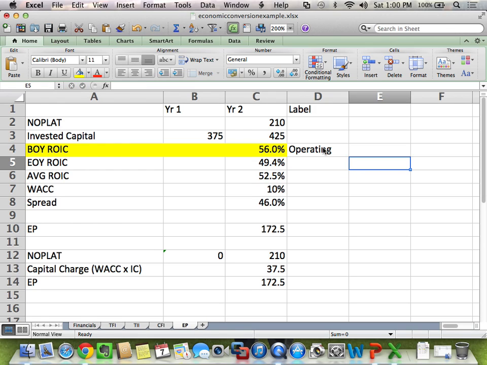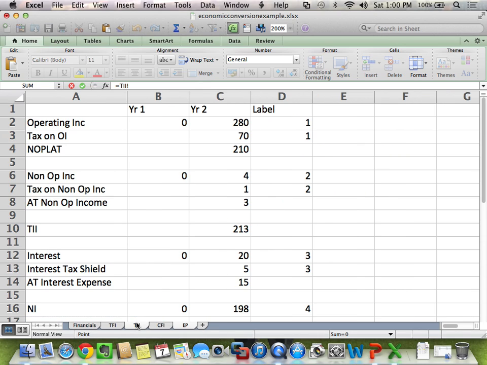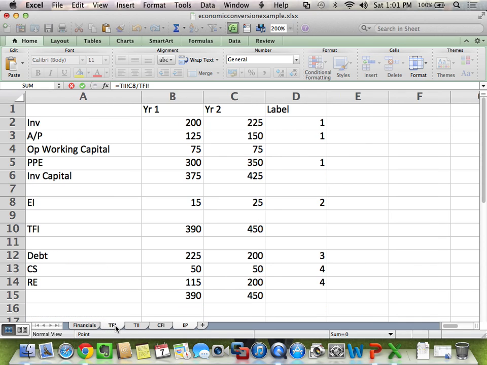But I could also calculate a non-operating ROIC, which is, and here's the point, if I do a beginning of year, equals TII, my non-operating income, divided by TFI, my non-operating investment.